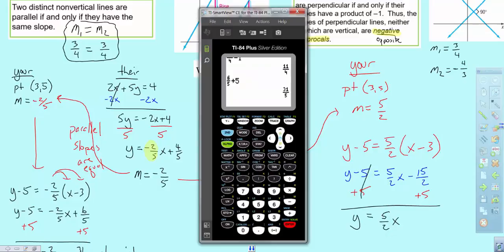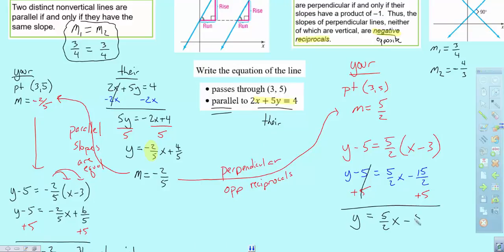I pull out my calculator: negative 15 alpha y equals 1 over 2, plus 5 gives me negative 5 over 2. So once again, there's the equation of my line in slope-intercept form. If you need it in standard form, read the directions carefully, and then you can watch that previous video. Just remember to put it into that format.